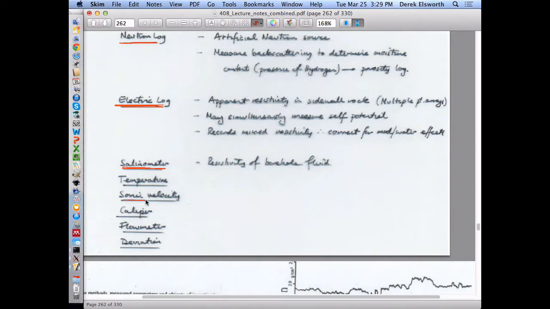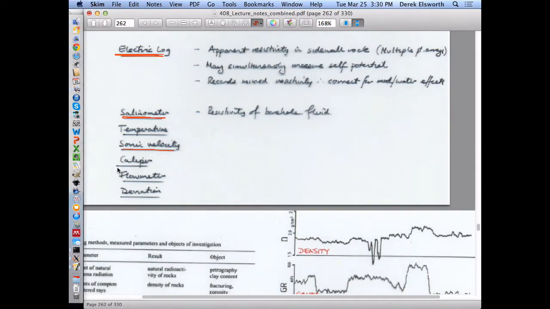Can measure the acoustic velocities to be able to use in correlating against seismic data, either reflection or refraction. It can measure caliper, the opening of the borehole, whether it's broken open. Typically that's a measure of whether it's competent rock or whether it's soils, which you might want to know. It can measure flow rates.